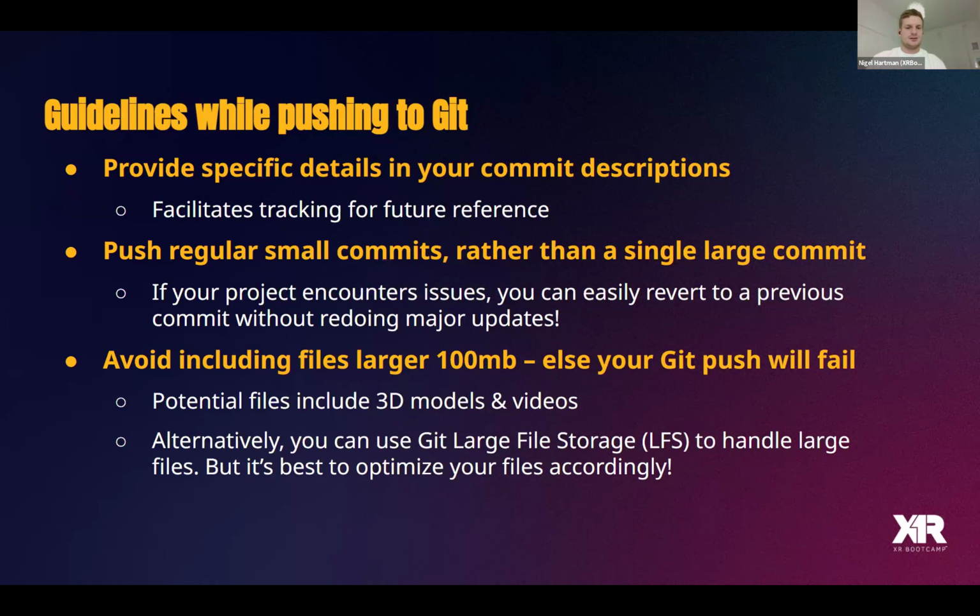And also avoid including big files, probably files bigger than 100 megabytes. For example, take care that big 3D models, videos, etc. will not be in your project. And if they are in your project, try to put them into the gitignore file I already mentioned, because this type of file should not be inside of your Git repository.